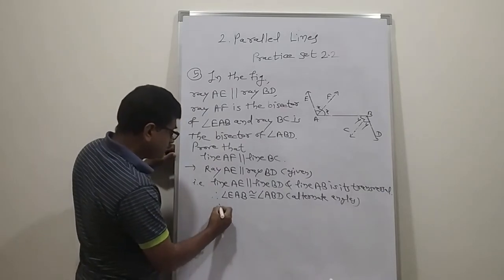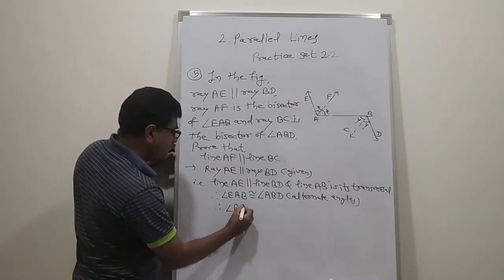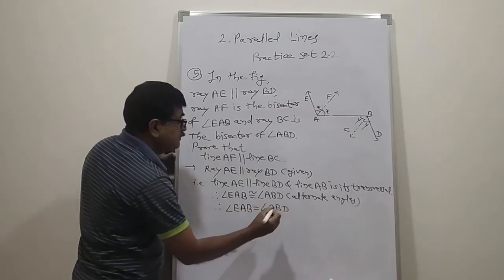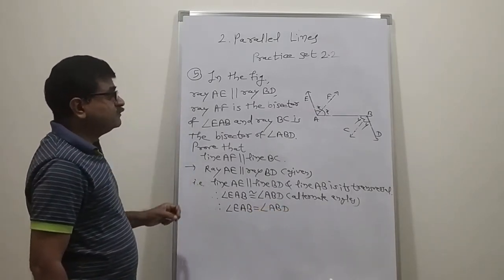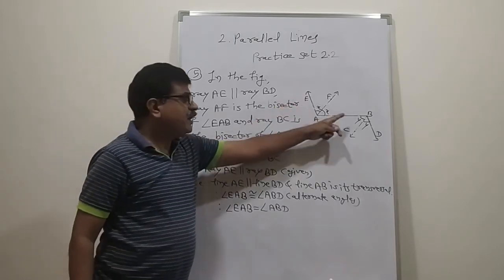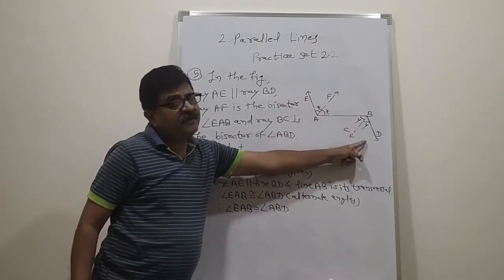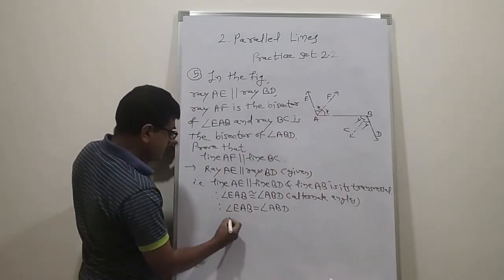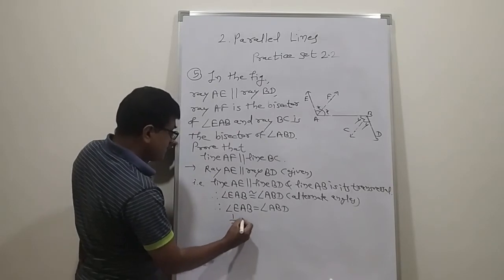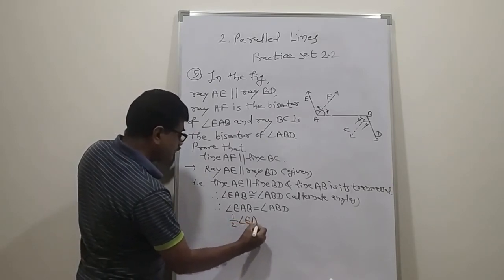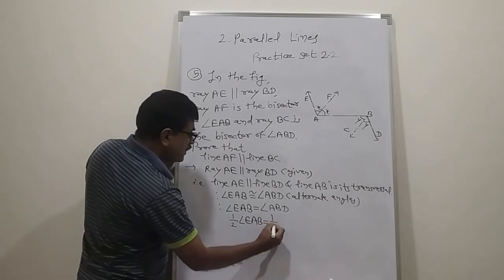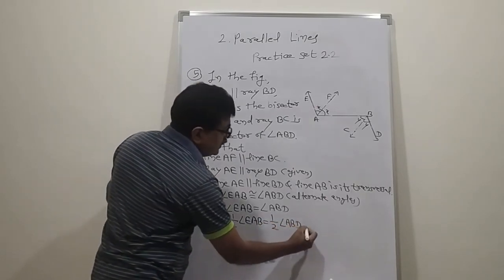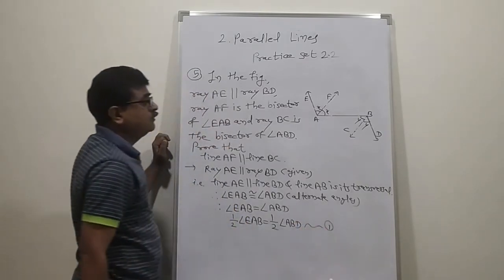Therefore, angle EAB is equal to angle ABD. Now multiplying both sides by 1 upon 2, 1 upon 2 angle EAB is equal to 1 upon 2 angle ABD. This is number 1.